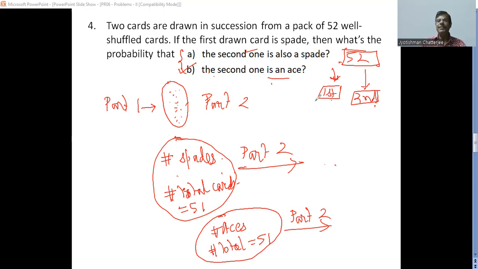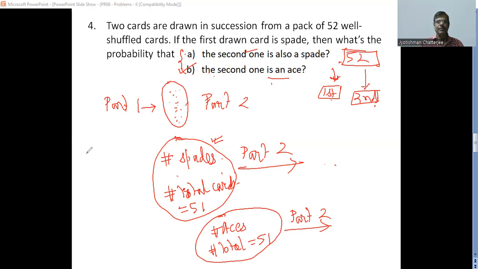Now here, look at the first question. The first question asks you the probability that the second one is a spade, and in this case the configuration is this thing. What is given? It's given that the first drawn card is spade.